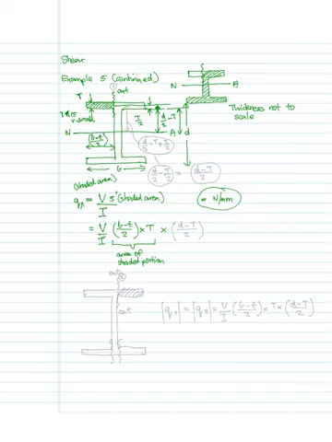So the distance from there to there is d over 2 minus t plus t over 2, which is going to be d over 2 minus t over 2, which is equal to d minus t over 2.